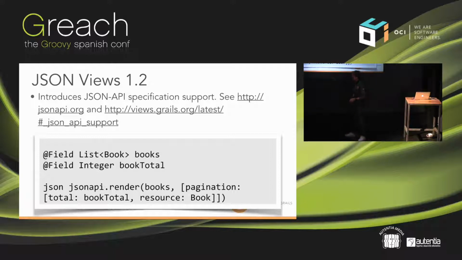And there's a JSON API object which you can use and call render, and it will automatically produce the right response for you. It does things like pagination and so forth. So if you're interested in using JSON API instead of HAL as your standard format, that is now possible with the release candidate of JSON Views 1.2 that just came out.